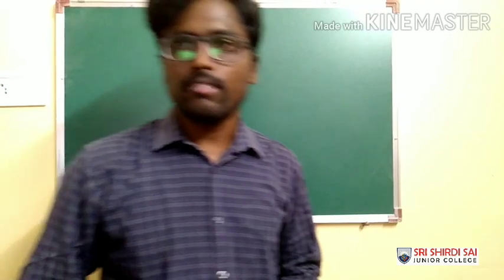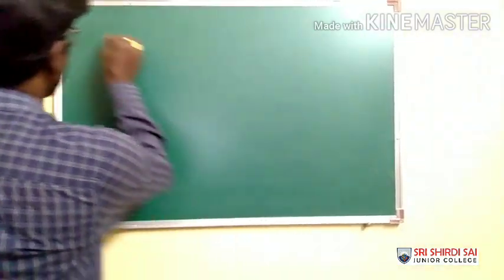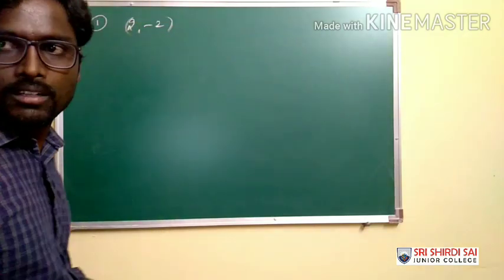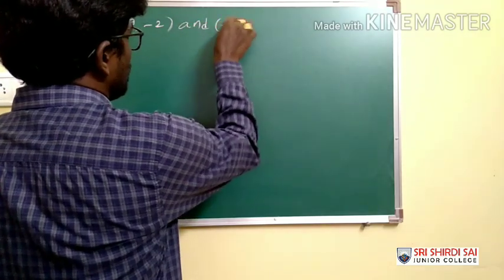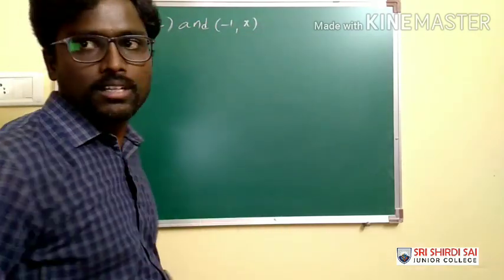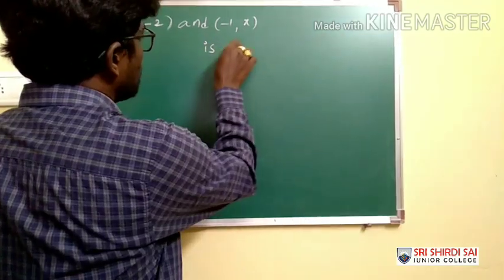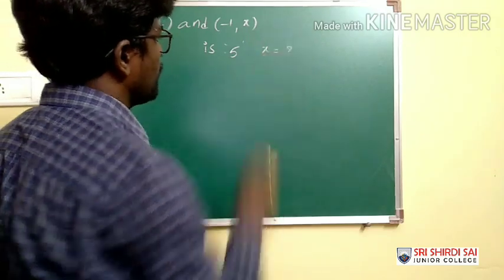The first problem: if the distance between the points (2, -2) and (-1, x) is 5, then x is equal to what?